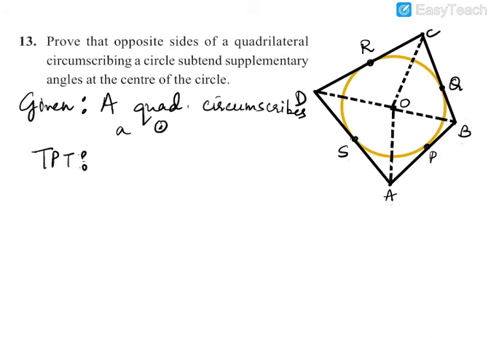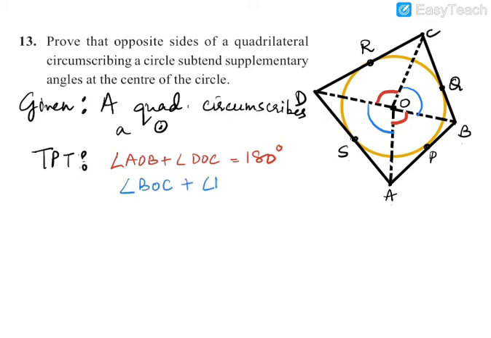So we have to prove angle AOB plus angle DOC is equal to 180 degrees. Similarly, the other pair of opposite sides, that is BC and DA, subtend angle BOC and angle DOA at the center respectively. So we have to show that angle BOC plus angle DOA is equal to 180 degrees.